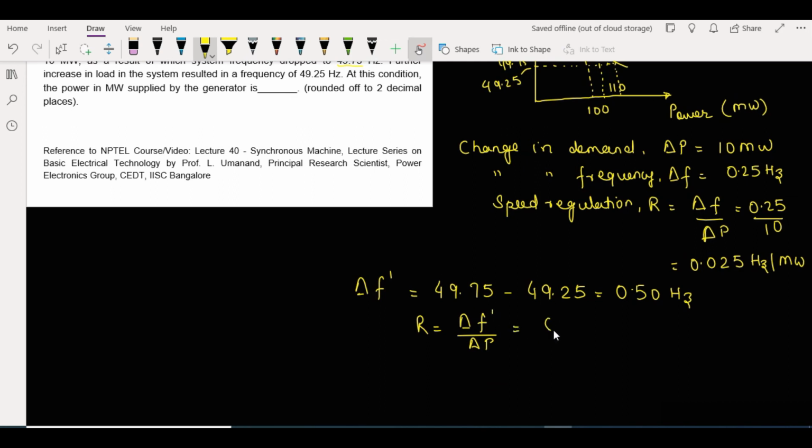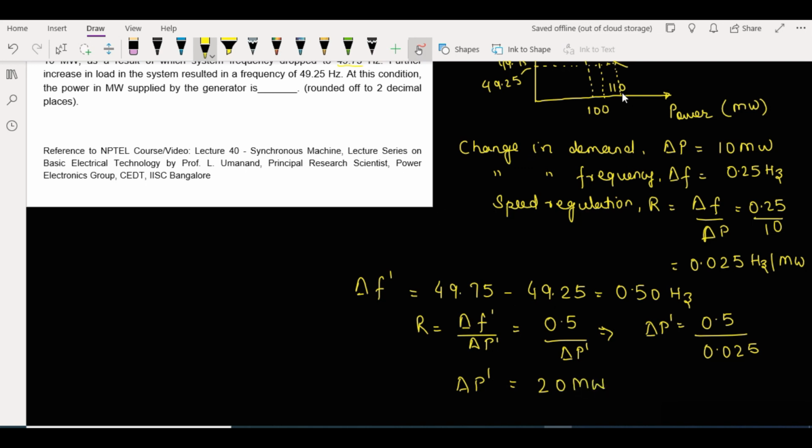So we can write here 0.5 divided by del P dash, right? And R is 0.025. So del P dash is 0.5 by 0.025, which will give the value of del P dash as 20. So this is 20 megawatt, right?